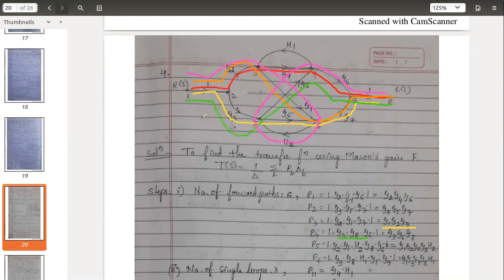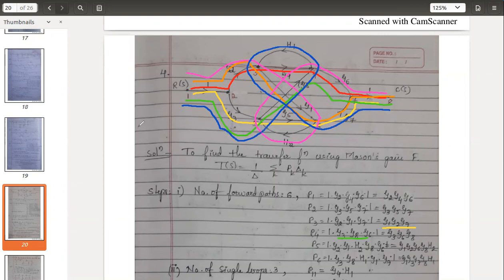And the last one, in the same way for the lower path. G3, go to G8, to H1, to G1, G7, and this. So totally 6 forward paths I have identified here.